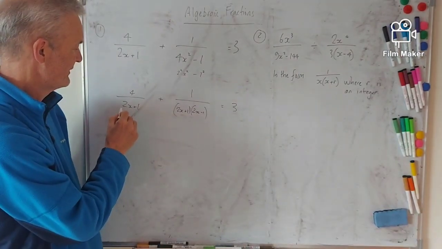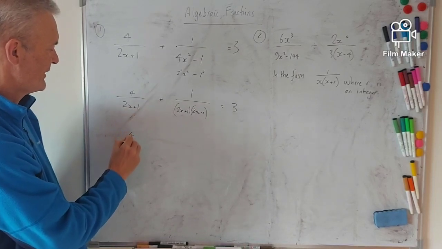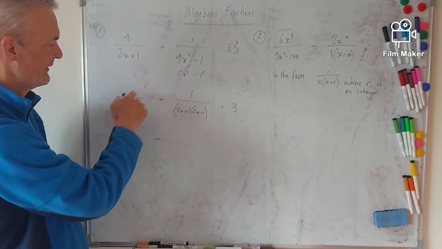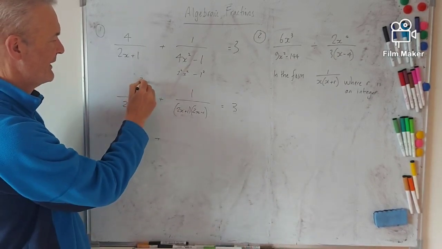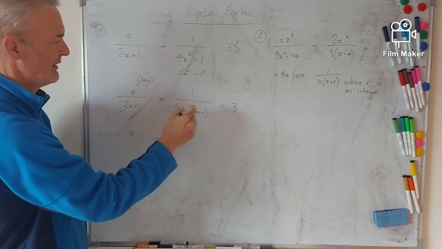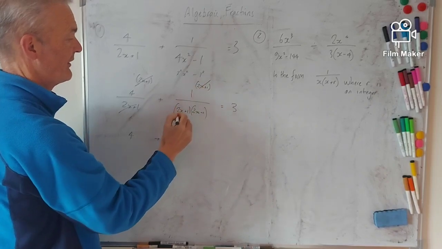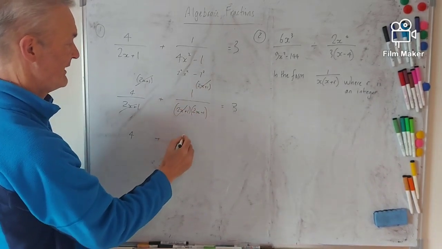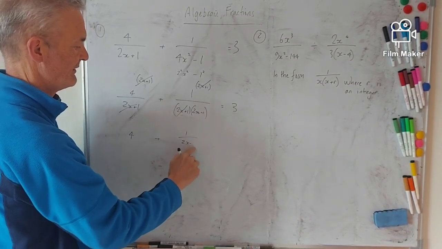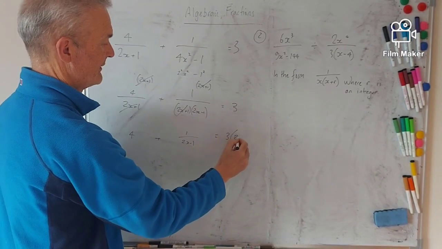So by doing 2x plus 1 first, we're going to be left with just 4 here. If we multiply the top by 2x plus 1, these cancel out. I'm multiplying this by 2x plus 1, so they will cancel, and I'll be left with 1 over 2x minus 1. And we've got to multiply that by 2x plus 1.